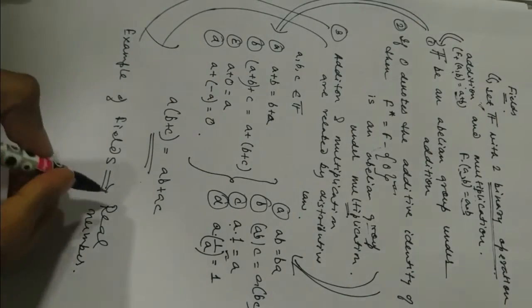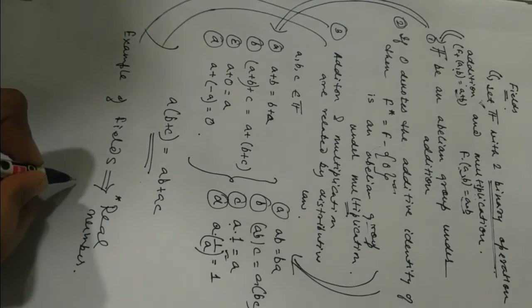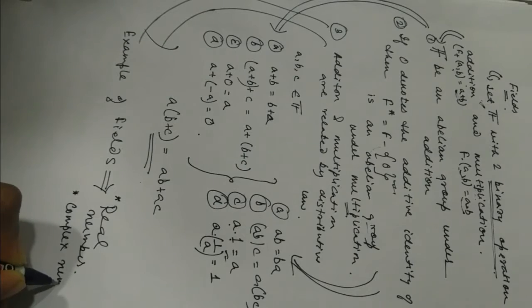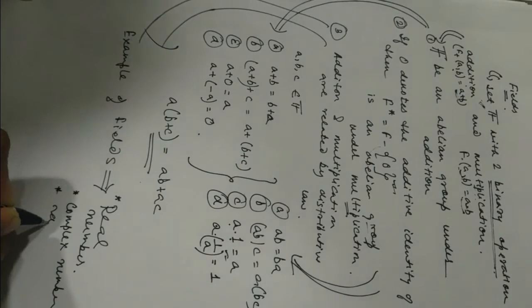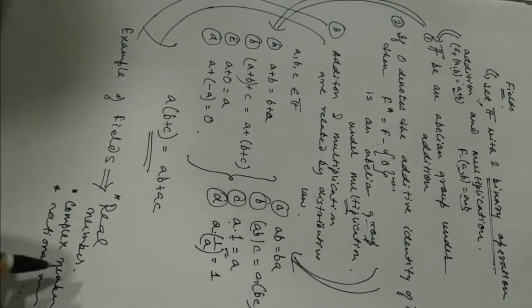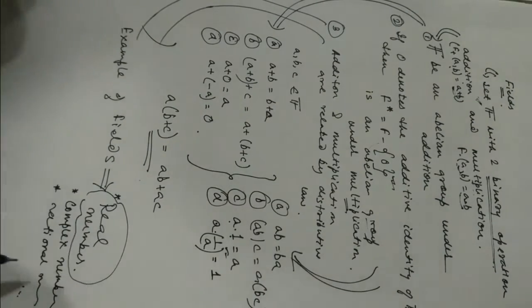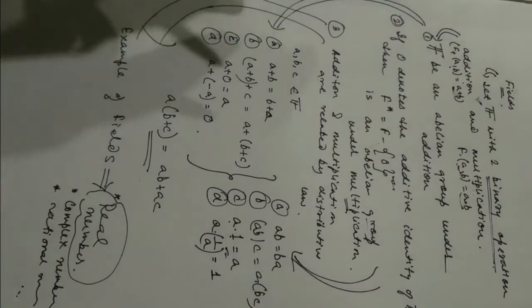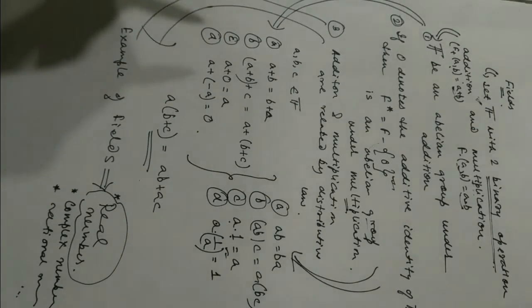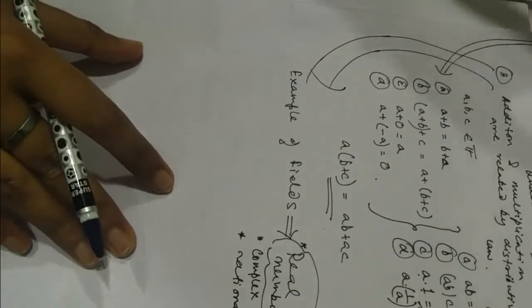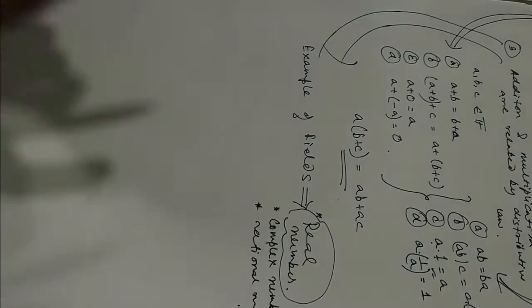The other fields are formed by complex numbers, rational numbers, and so on. But we will mainly be dealing with real numbers. Please check by yourself that real numbers and complex numbers do form a field because they satisfy all these axioms. Okay, now let's try to prove a few identities and equations.